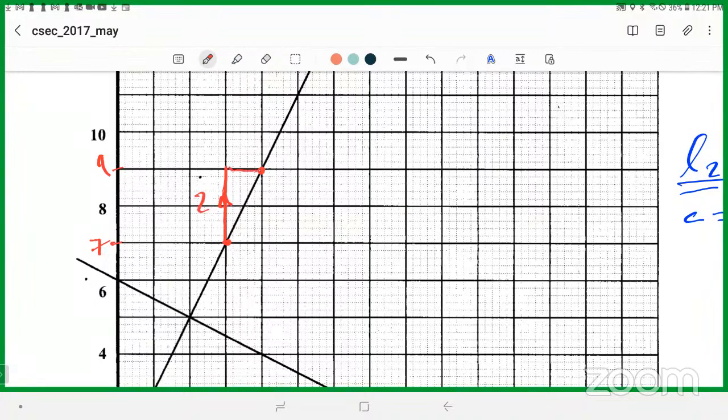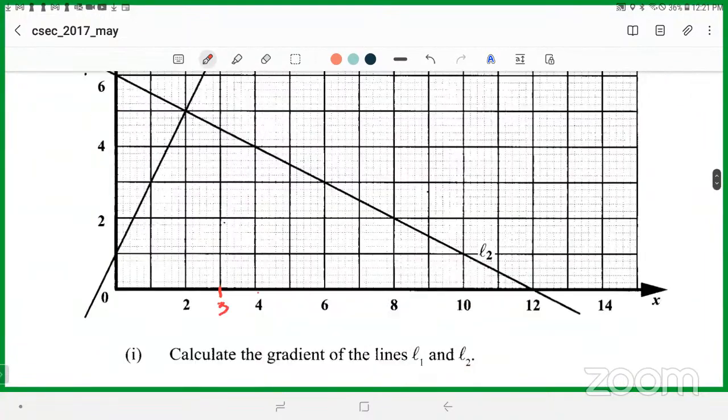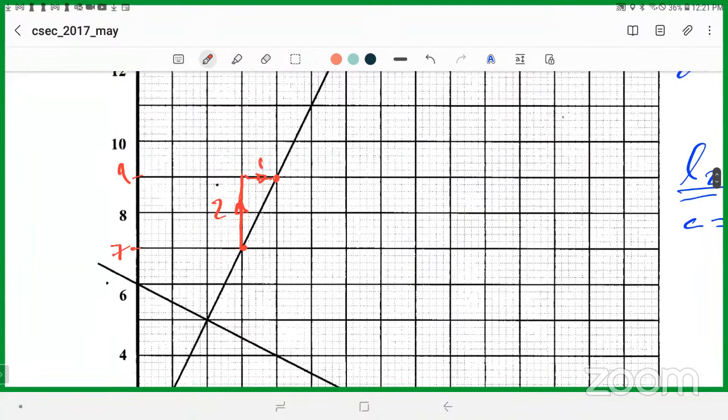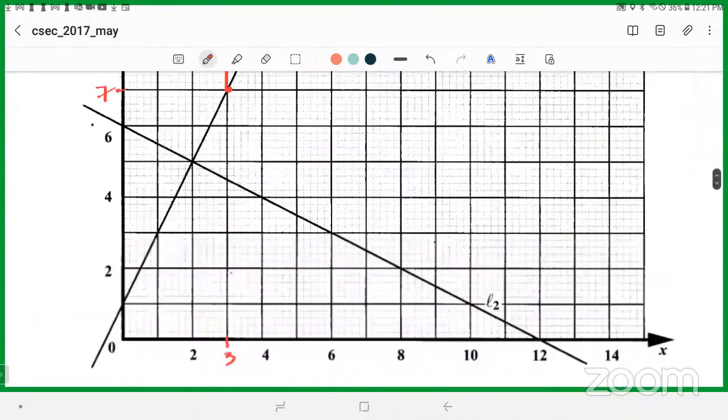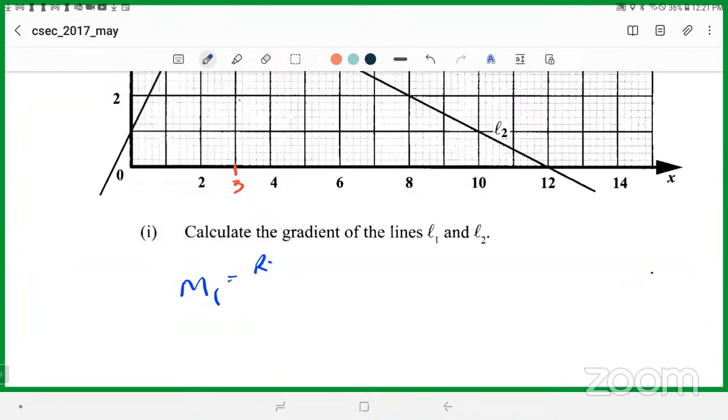Let's see what the run is. From 3 to 4 is a 1 unit run. So this is the rise, a positive rise, and this is a positive run. So it's 2 over 1, which is 2. So the gradient of line 1 is rise over run on the line, which is 2 over 1, which is 2. That's the gradient of line 1.